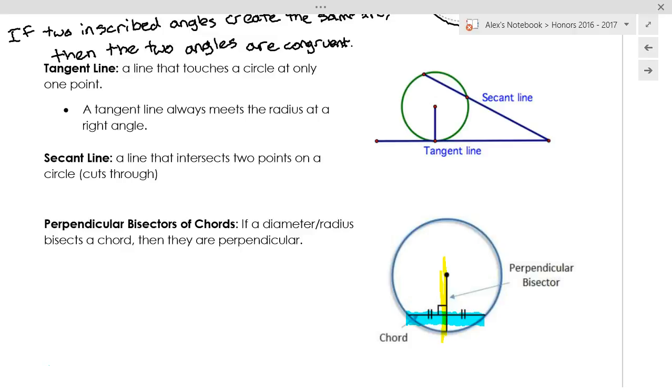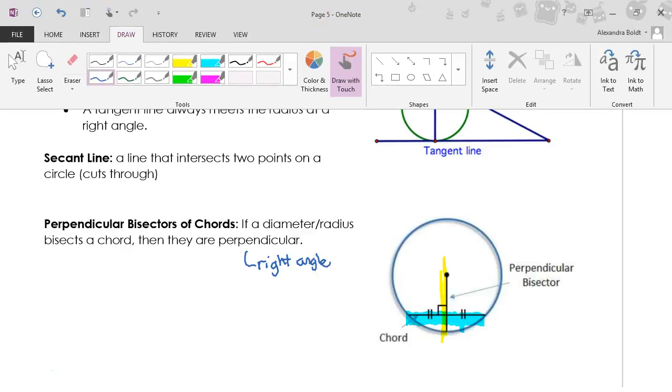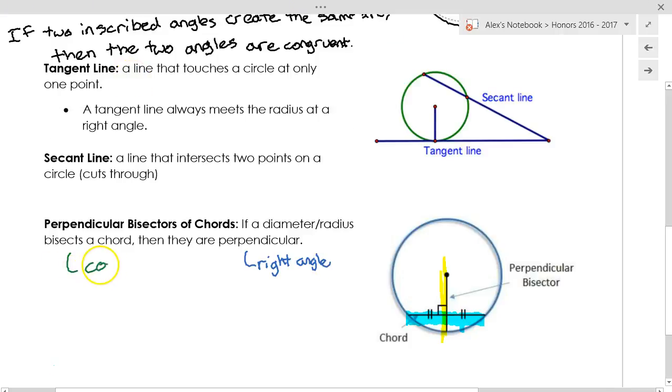So if these are equal, then it's also a right angle. Perpendicular is a right angle, where bisect means it creates 2 congruent parts.